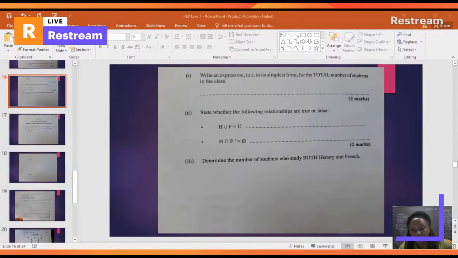The second one, H intersect F complement would give us the null set or the empty set. Is that true or false? Tell me if that second one is true or false. So basically, when they say H intersect F complement, they mean H only. So would the number in H alone be equal to the empty set, the null set?